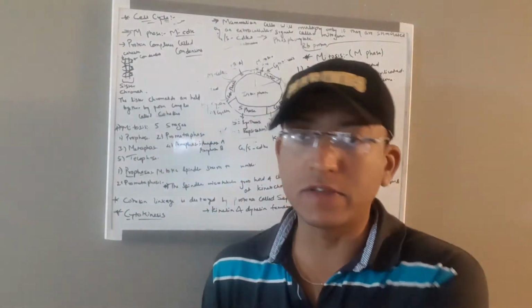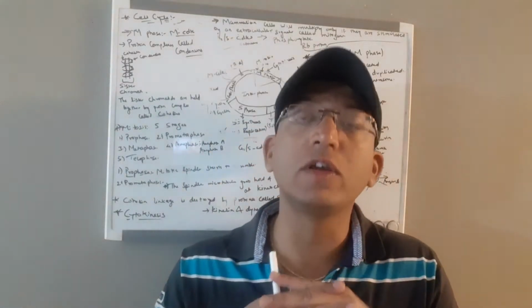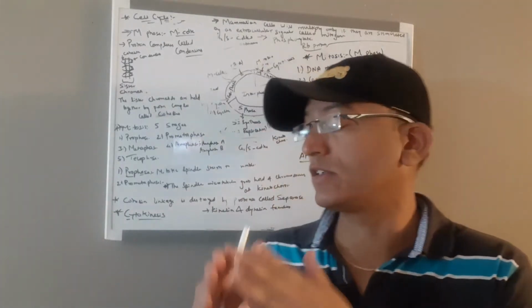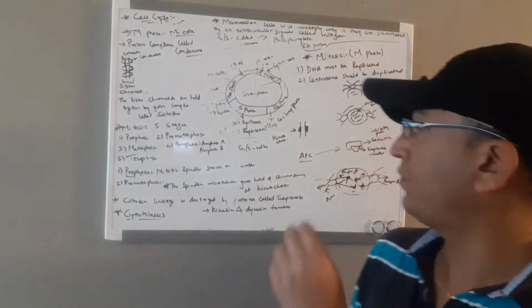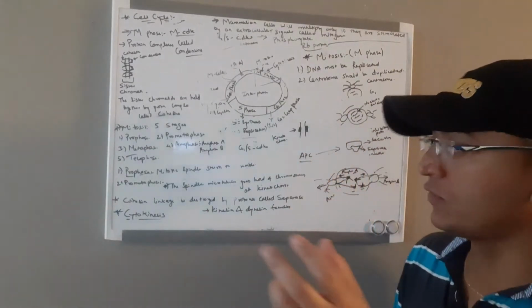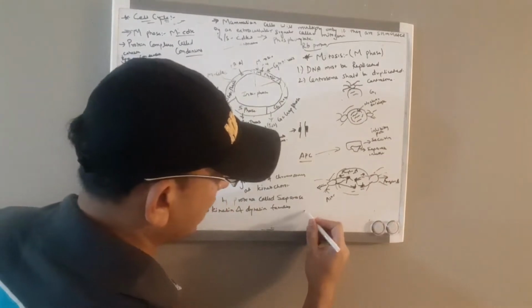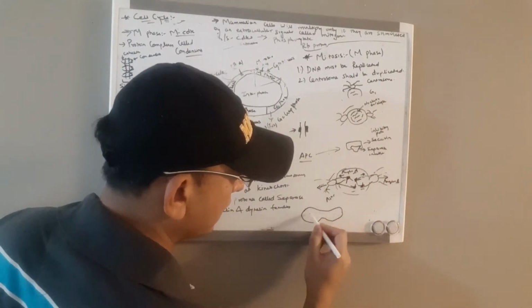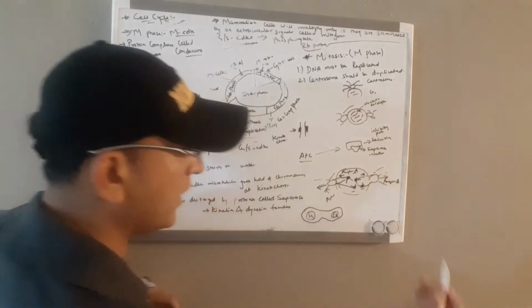Cytokinesis is the process by which the cytoplasm is cleaved, meaning it separates into two. That completes the end phase. These are the cells as we saw in the telophase, something like this, with two separate daughter nuclei.